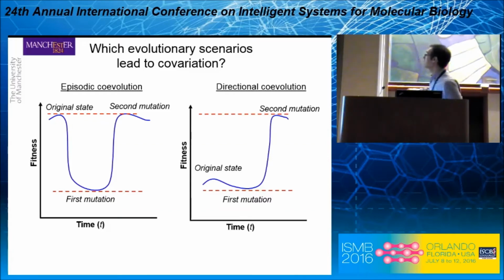And it can only progress in that direction, that is, the improvement of the fitness of the organism. For these reasons, it's not expected to occur very often in an almost constant environment. So we believe that the contribution of directional coevolution to the covariation signal is going to be restricted to a few specific examples.